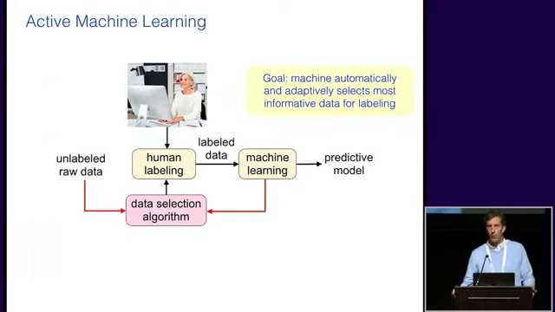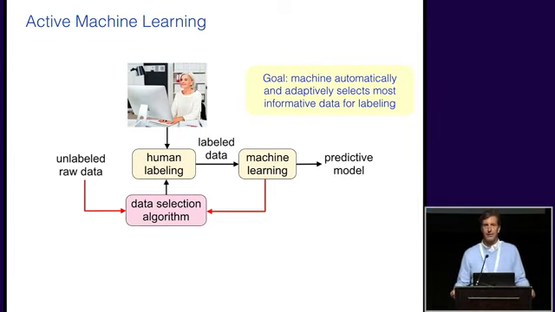So the approach that we're going to talk about today specifically is active machine learning. And this picture modifies that earlier pipeline to show you how active machine learning works. The idea is that rather than just taking a random subset of the unlabeled data and asking our human expert to label it, instead we're going to design an extra algorithmic component to the system, which is a data selection algorithm.